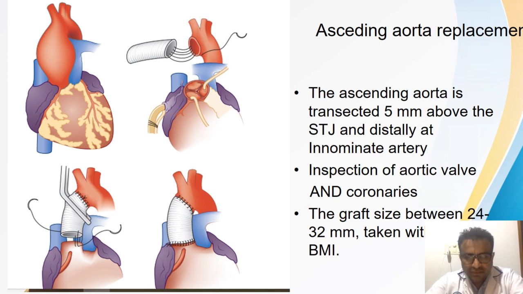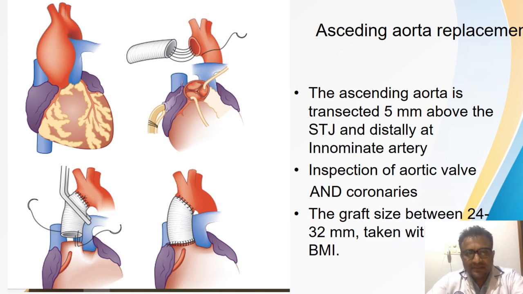After midline sternotomy, we go on cardiopulmonary bypass from the ascending aorta or from the periphery, from the femoral artery, with venous drainage attained from the two-stage atrial cannulation.